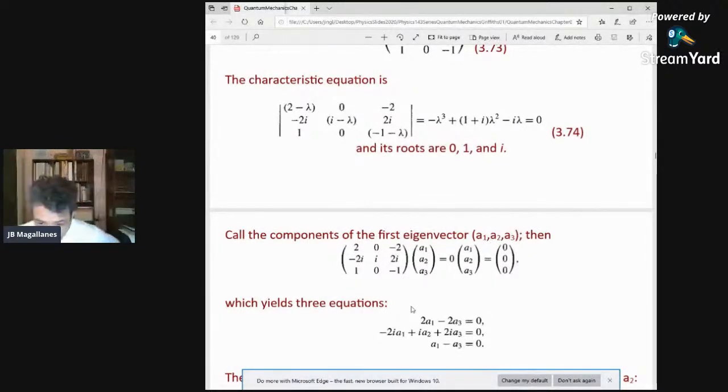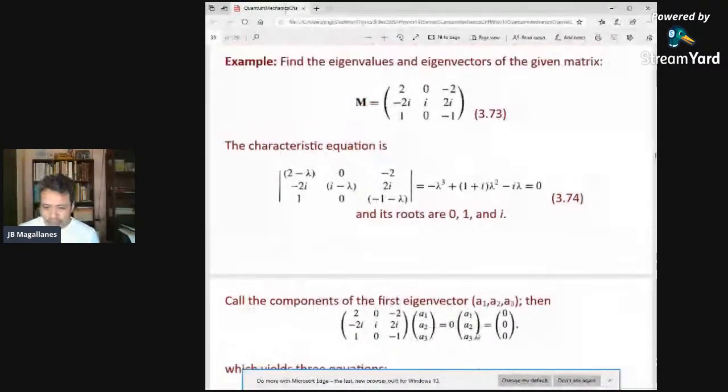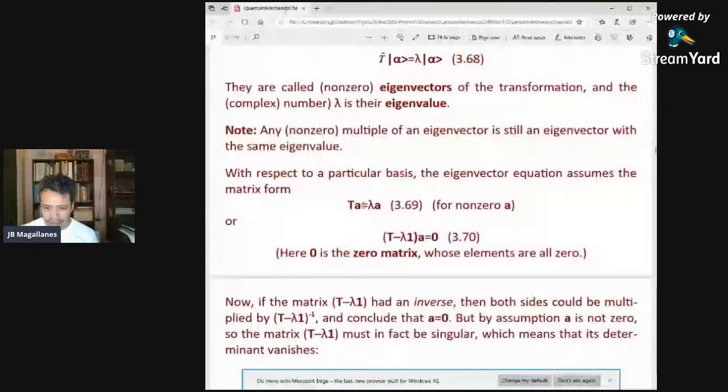The eigenvectors are represented by this. It has three components: a1, a2, and a3. This comes from here.